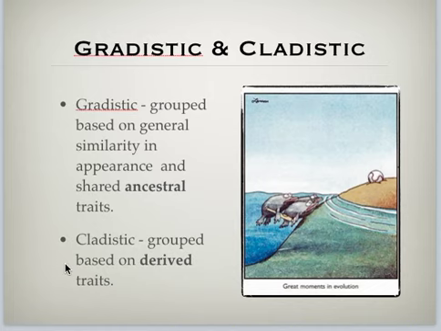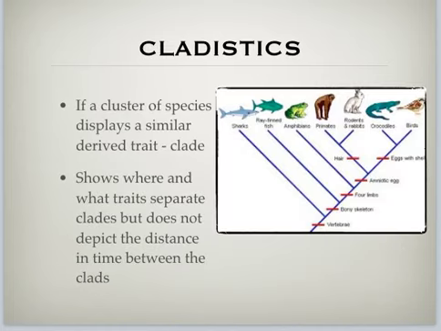Cladistic looks at similarities in DNA. It looks at genetic relationships between organisms, where gradistic does not. And for the purposes of this class, we're going to be using cladistic classification when we classify different primates in the coming weeks.